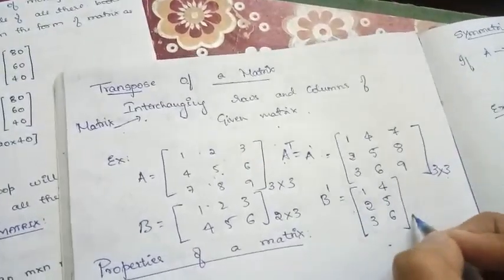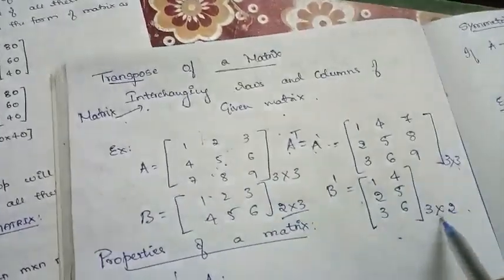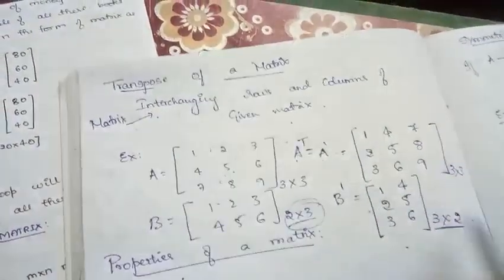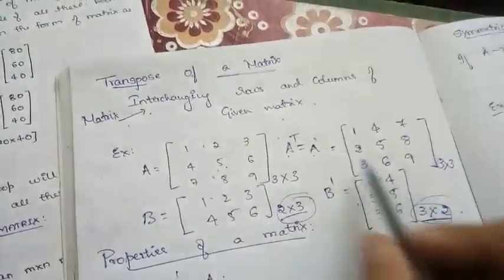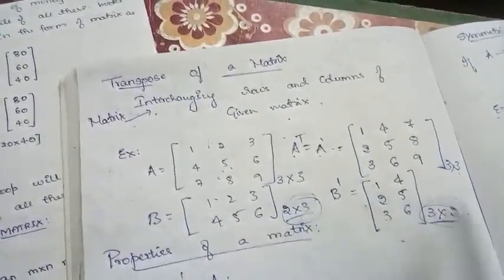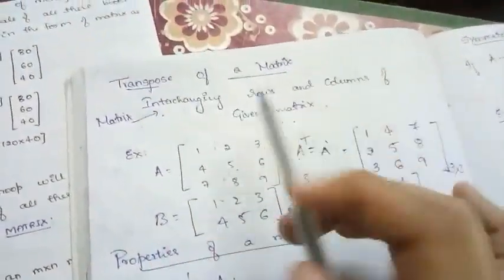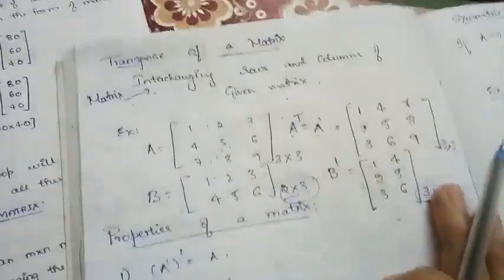So now the order becomes 3 cross 2. While taking the transpose, the order is also changed. For a square matrix the order is retained, but for a rectangular matrix, the order changes. So this is the definition of the transpose of a matrix and an example.